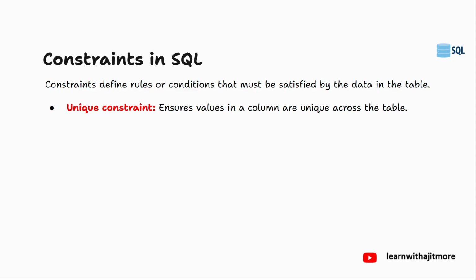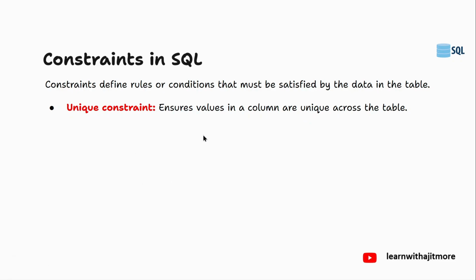right? Unique constraint, it will ensure that all the values in that column are unique. Unique means distinct. Distinct means not repeated. एक ही इंग्लिश वर्ड के कितने सिनोनिम्स है. यूनिक not means only duplicate value. डिस्टिंक्ट. नॉट डुप्लीकेट, नॉट रिपीटेड, डिस्टिंक्ट, यूनिक, ऑल मीन्स द सेम. सबका मीनिंग एक ही बन रहा है. तो ensures values in a column are unique across the table.